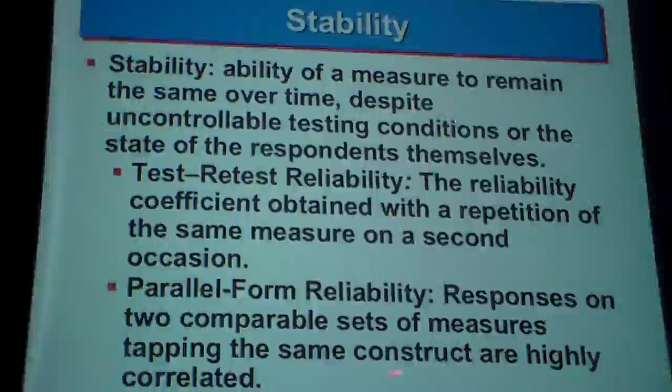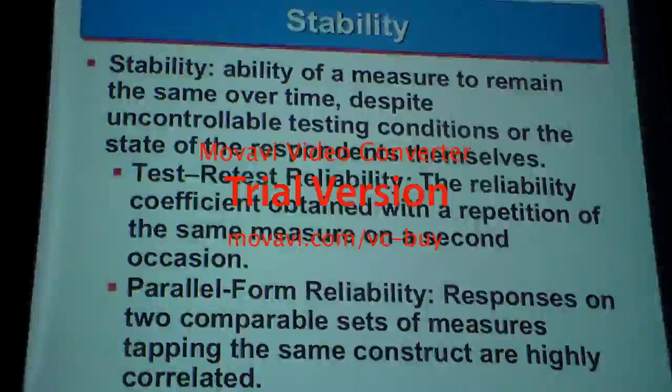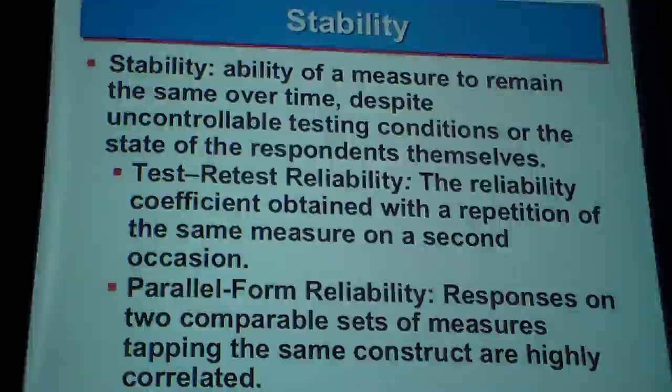So you can measure the correlation, whether they are highly correlated or lowly correlated. All of these correlation functions you can do through SPSS or Excel. Even in Excel, you can do the correlation between some items or some measures.